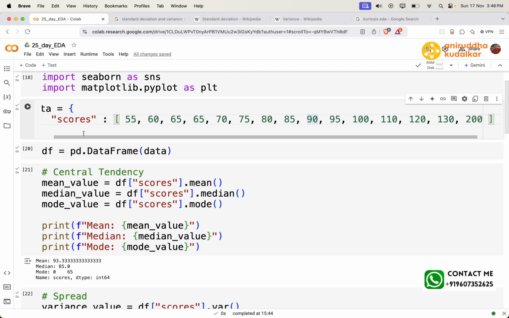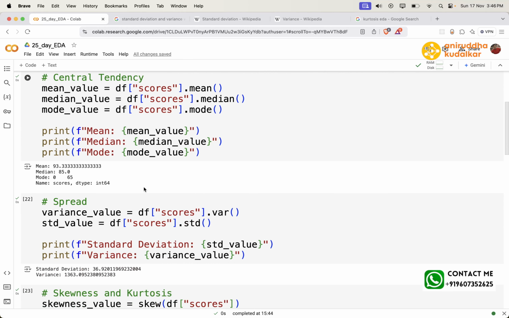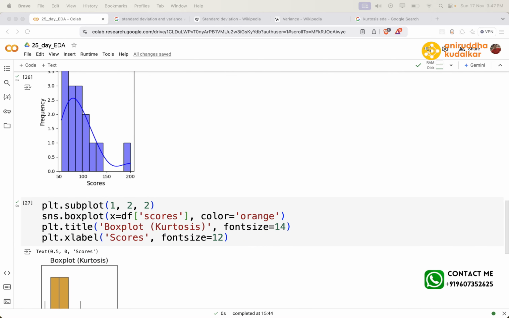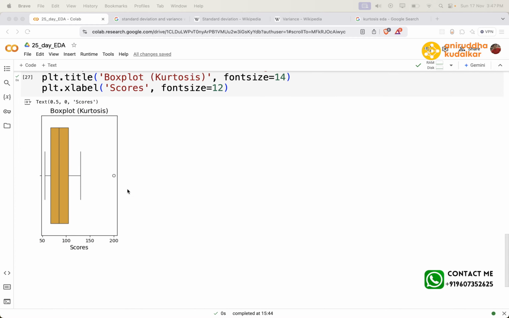The spread, how data is spread, is calculated by the standard deviation, which measures the data dispersion, and the variance, the squared standard deviation. Skew measures the asymmetry of the data, so data is asymmetrical towards the right. Kurtosis evaluates the peak of the data distribution compared to the normal distribution.